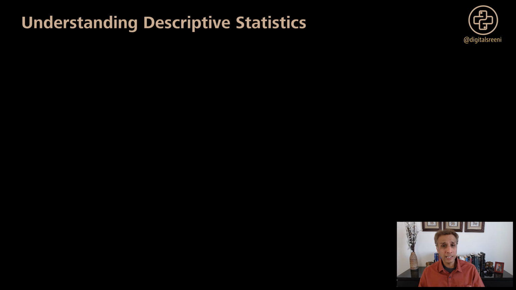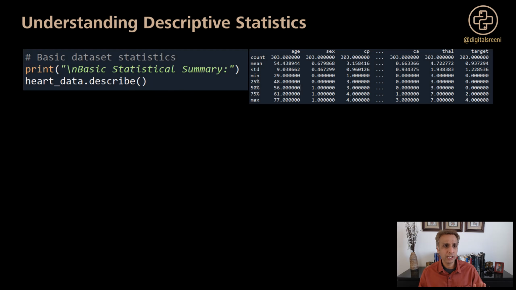Now, let's cover a couple more slides, like understanding descriptive statistics. Here, as you can see in Python, once you read the data in, we just type, for example, heart data dot describe. As you can see here, it says .describe, and it gives you something like this, right? It gives you count, mean, standard deviation, minimum, 25, 50, 75, max.